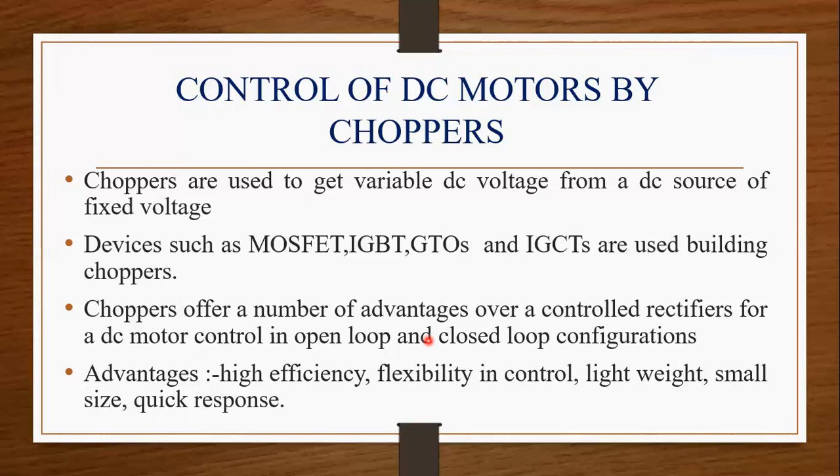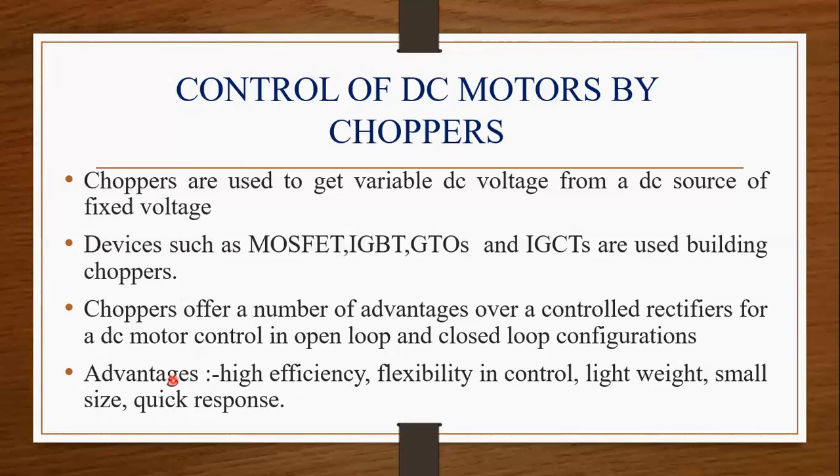Understand? Then some of the advantages of the chopper controller. The advantages of using a chopper in speed control of DC motors are high efficiency, flexibility in control, light weight, small size, quick response, and regeneration down to very low speeds.